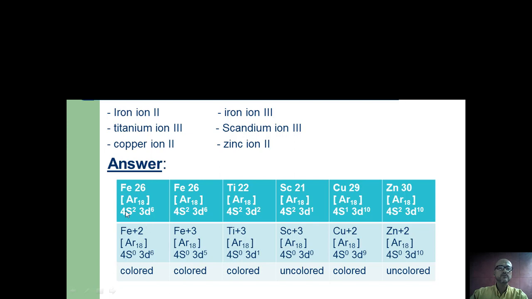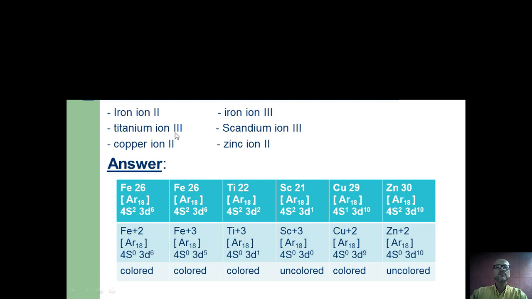Before losing, 4s2 3d6; after losing, 4s0 3d6. 6 means colored. Why? It contains unpaired electrons. Excellent. Don't forget this, very important and very easy. Iron 3 also will be para. Why? The d contains 5 electrons.